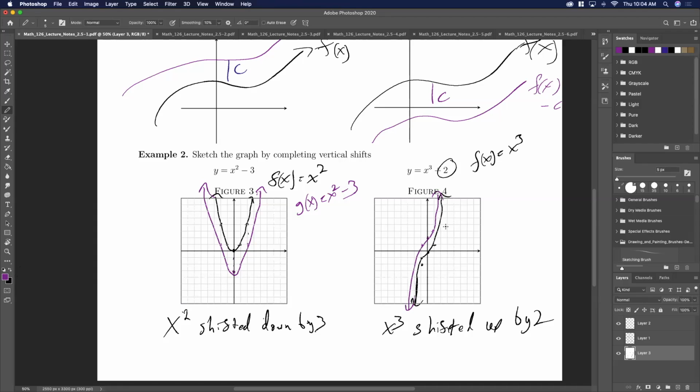Are we supposed to write out the answer like that? What I'll probably do is you'll have a drop-down menu, up or down, by 2.